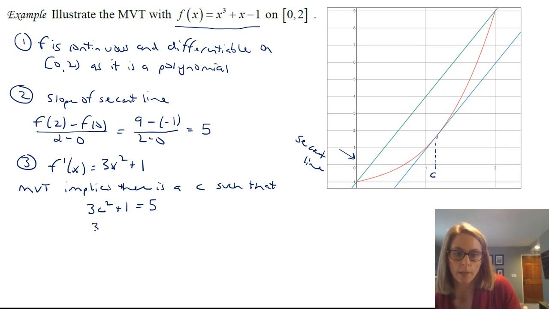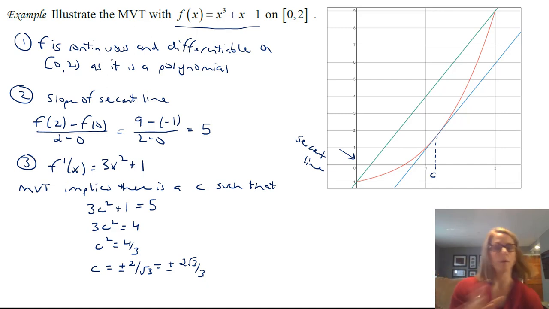And if we solve this for c, we get plus or minus 2 over root 3, which is the same as 2 root 3 over 3.